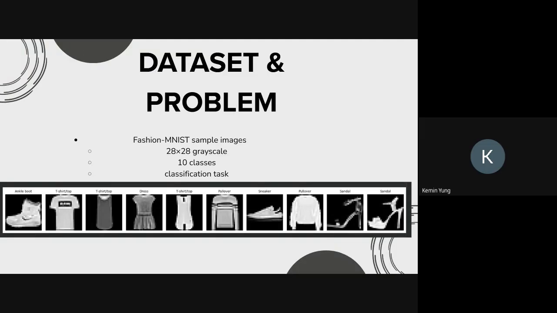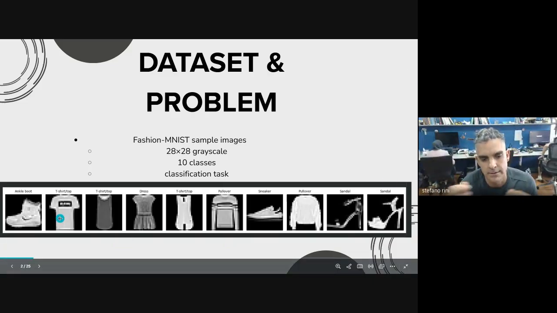So let's go into part one. In this project, we've used the Fashion MNIST dataset, and it consists of 28 times 28 grayscale images with 10 different clothing categories, such as t-shirts, shoes, and bags. Do you agree with these categories?